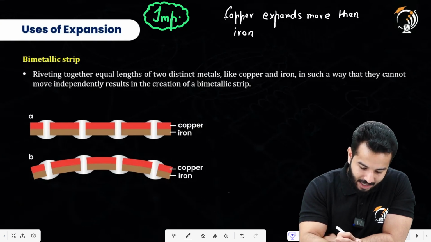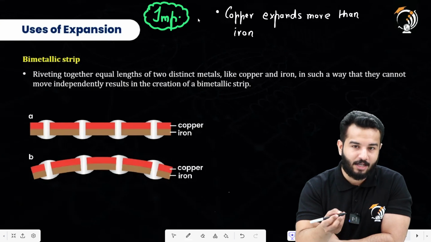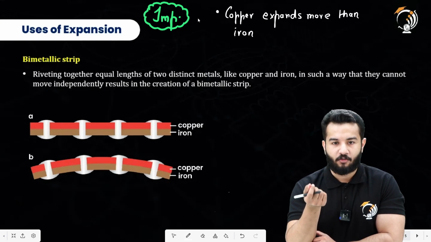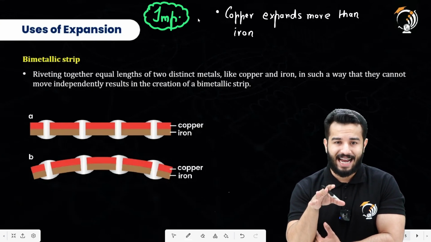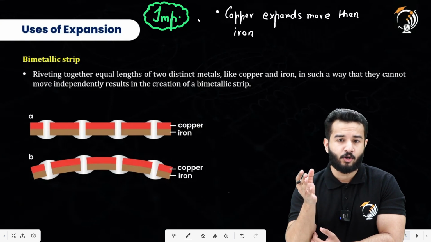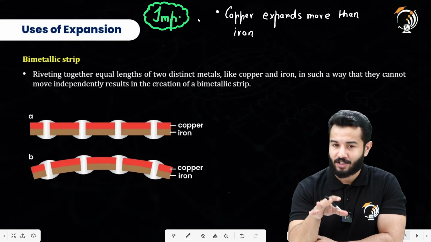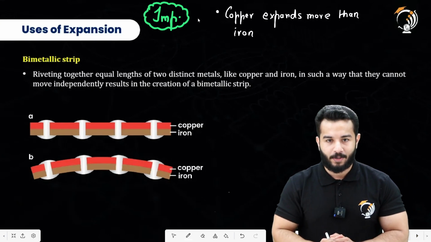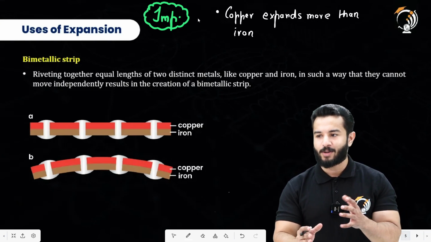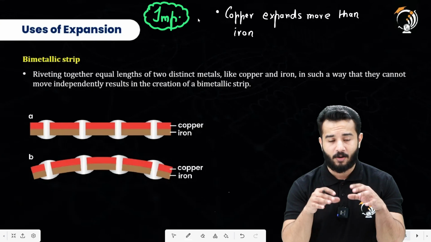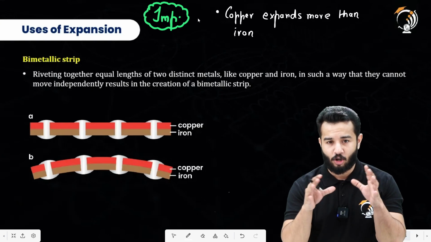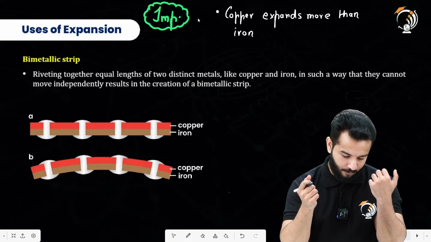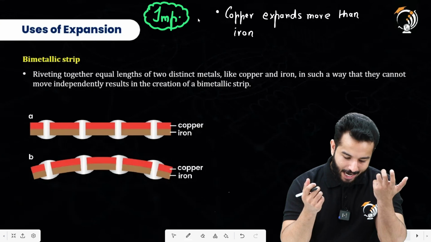This will also be defined by the temperature coefficient of different materials. Although that is not in the course, so we are not going to talk about the temperature coefficient right now, because we are just discussing the most important topics, right? But when we learn about this chapter with lots of time, we are going to talk about something called the temperature coefficient, right? So copper expands more than the iron.